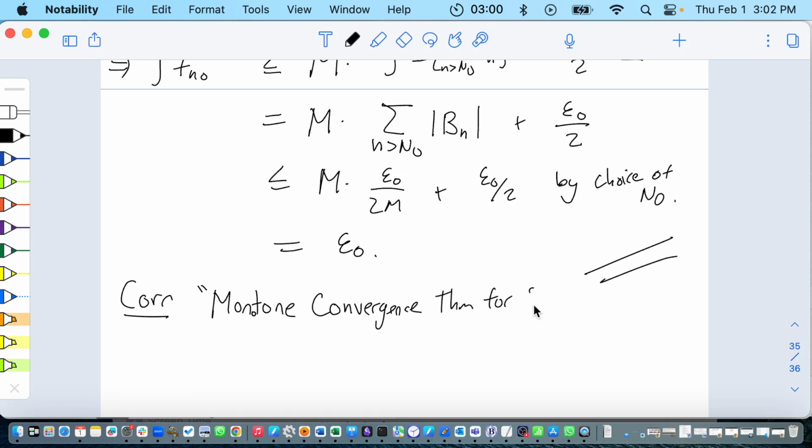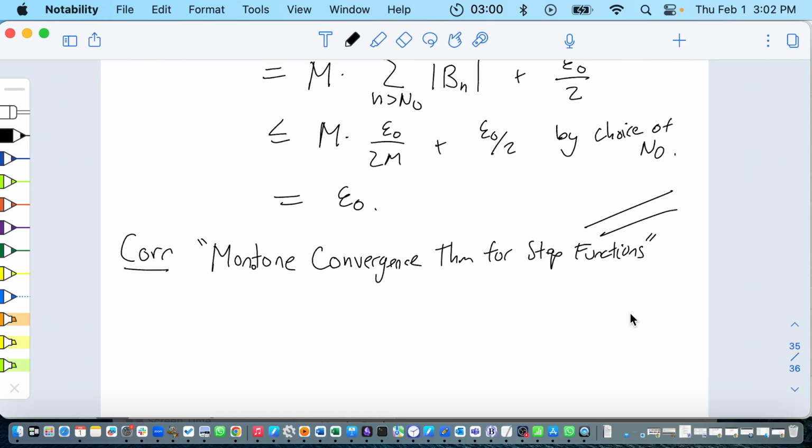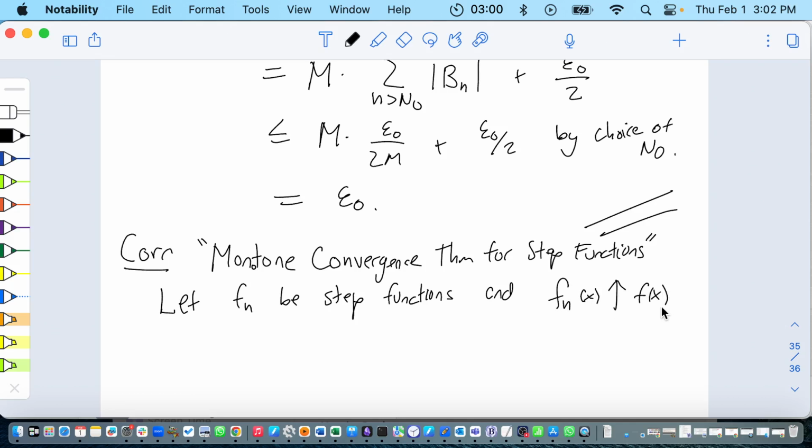In this one, we were proving if you're going down to 0; in the monotone convergence theorem for step functions, you're going up to a function f. So let fn be step functions, and I'm going to write fn(x) up arrow to f(x). That means converging to f monotonely.